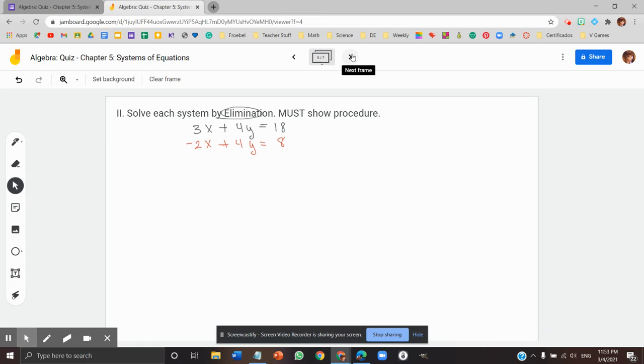Now, I do have a little bit of a problem here. I can see right away that I have two terms that I may be able to eliminate, but if I add them up right now, I'm just going to have 4y plus 4y, which is going to be 8y. I'm not going to be able to cancel it.